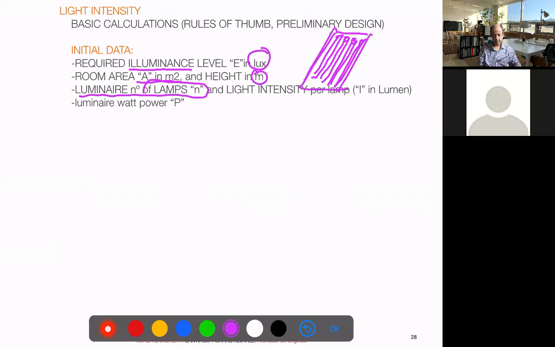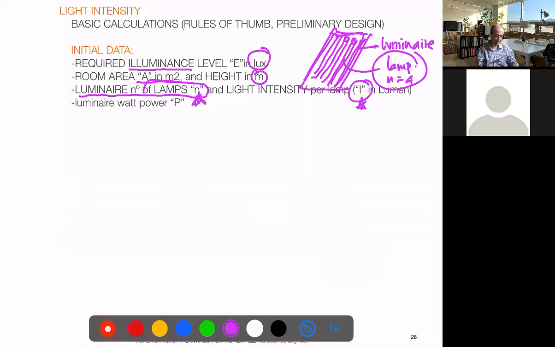That box is a luminaire, and each of the bulbs is a lamp. In this case, n is equal to 4. So a luminaire is the set of lamps plus reflectors. They have mirrors, they have diffusers, they give better light quality, but the intensity is given by the lamps. And this is the n we want to know, right? And the I for each lamp.